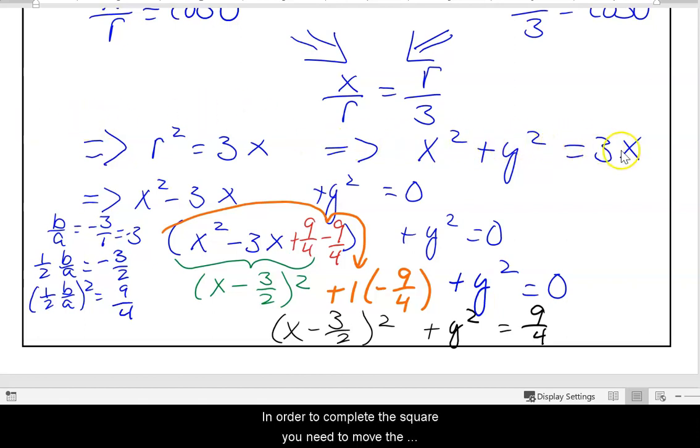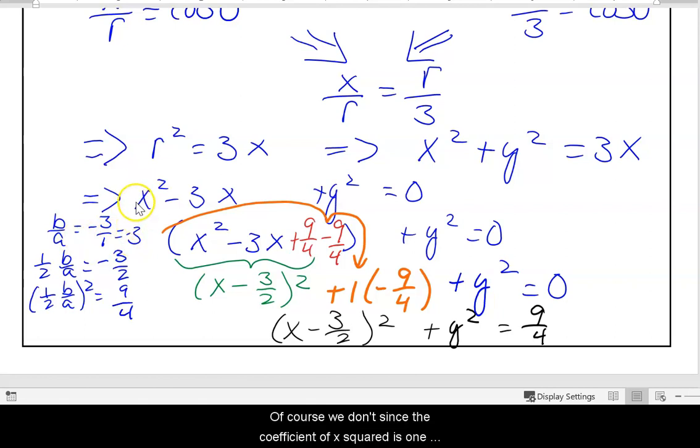In order to complete the square, you need to move the term 3x to the left to join the x squared. Once you do that, you isolate the two by creating some space between them and the y squared term. Find b divided by a to determine whether or not you need to factor something off of the x squared.